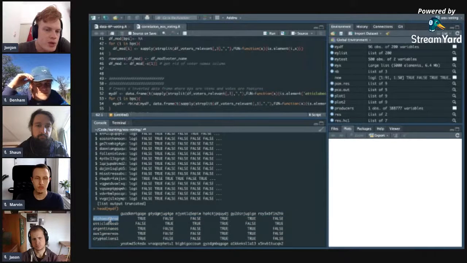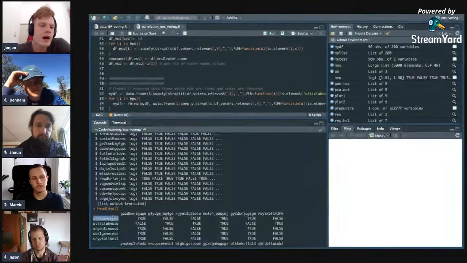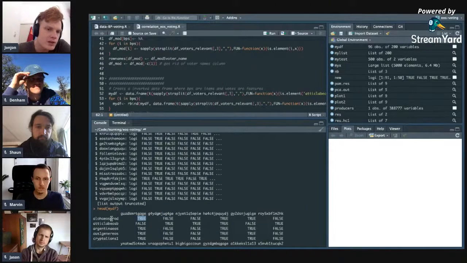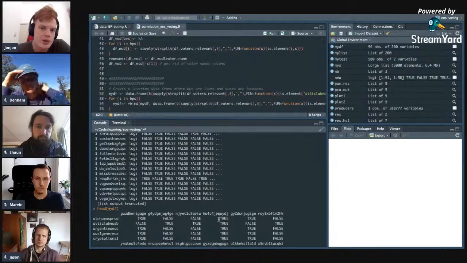This is the block producer, and this looks at the top 200 voters. So this is our main variable, and these are features. It's got 200 features. Every block producer has 200 features, and each feature is one of the top 200 voters, with a true if they voted for that block producer, or false if they didn't.